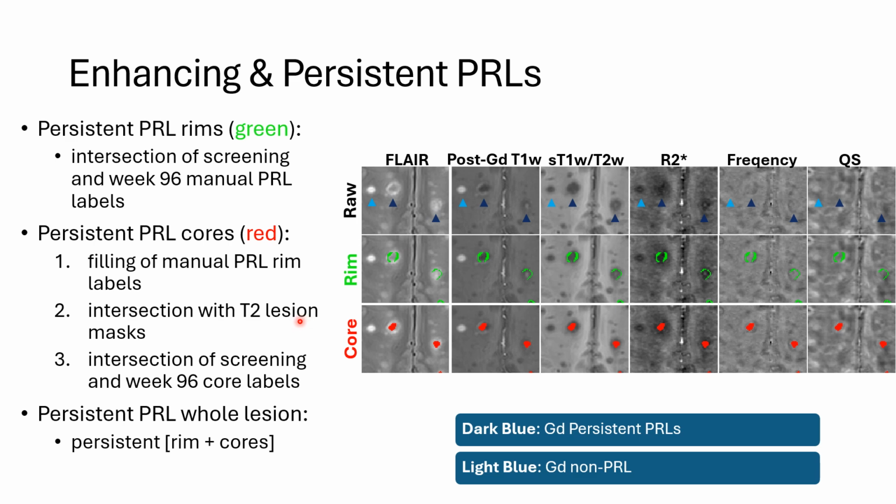The intersection of both screening and week 96 core labels was used to compute the third row, which is the persistent PRL core labels. And finally, the persistent whole lesion labels were computed as the union of both rim and core labels.